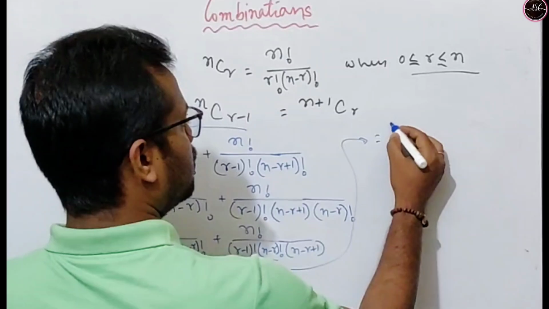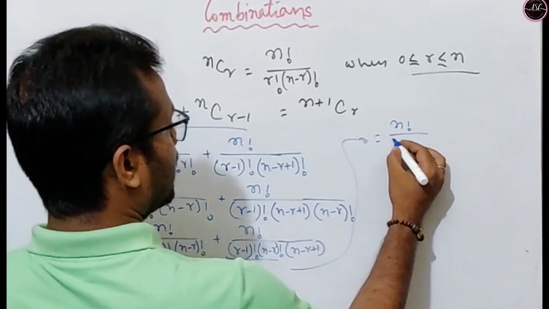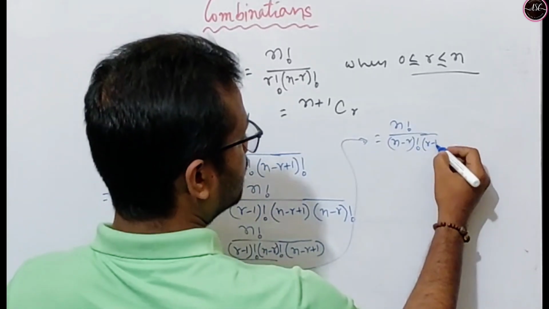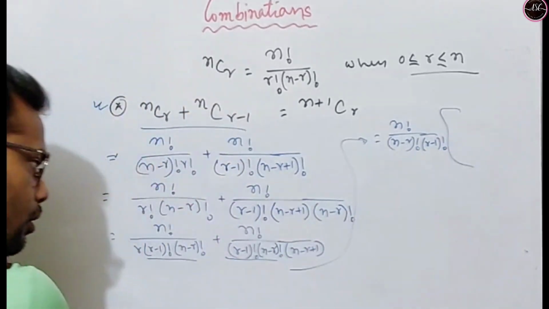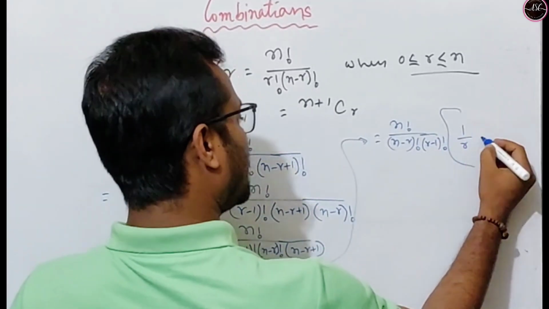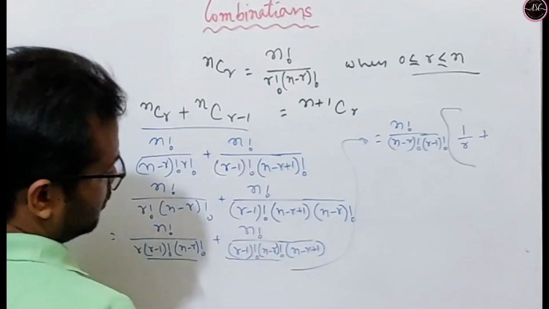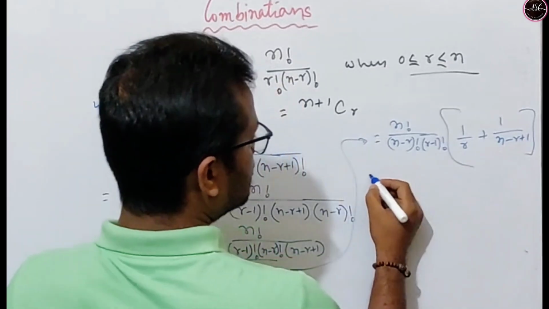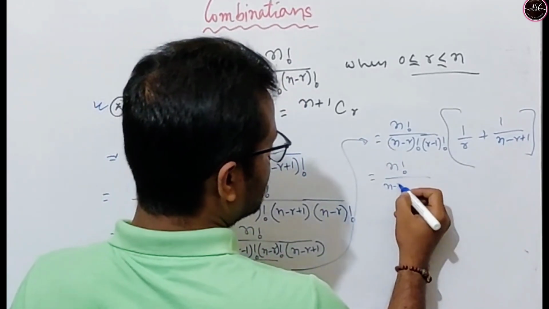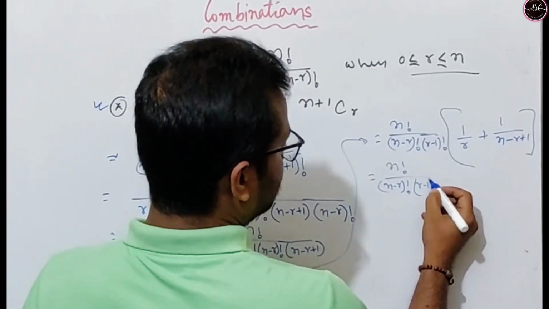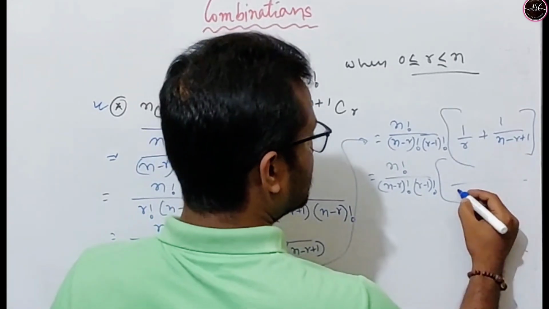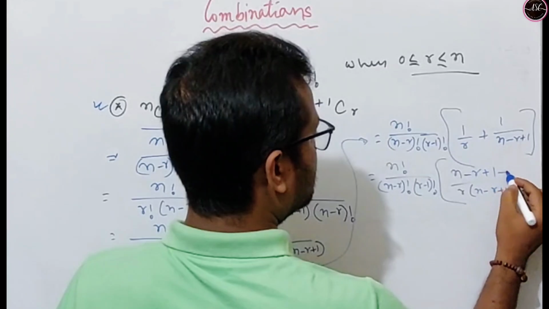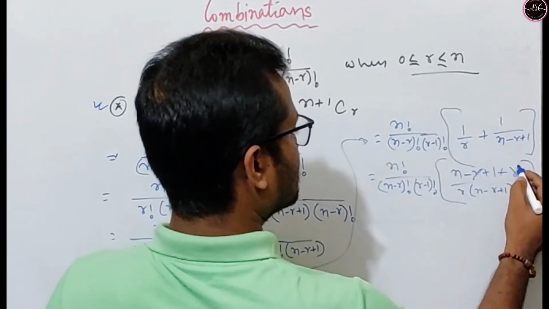So if we take common n factorial divided by (n minus r) factorial into (r minus 1) factorial, there will be 1 by r plus 1 by (n minus r plus 1). Just solving this, taking the LCM, (n minus r plus 1) plus r, so plus r and minus r will be cancelled out.